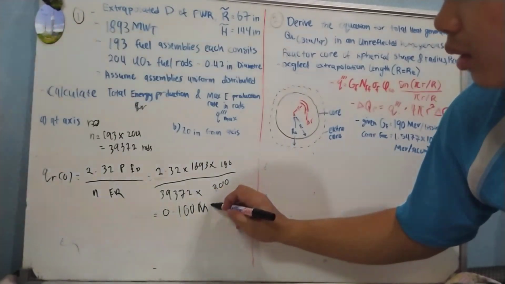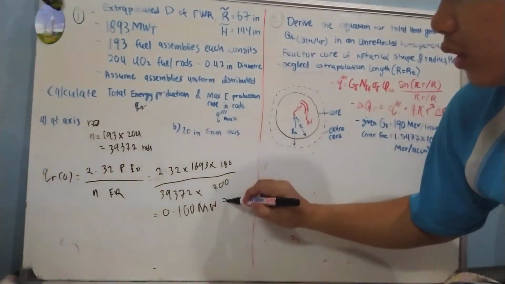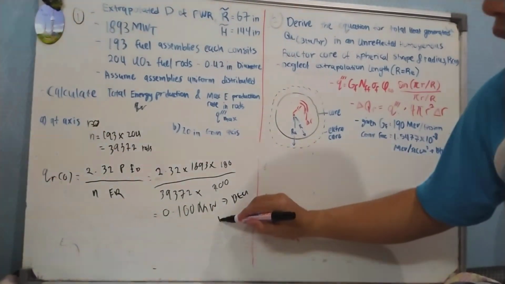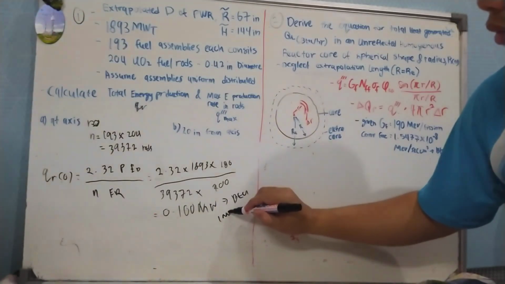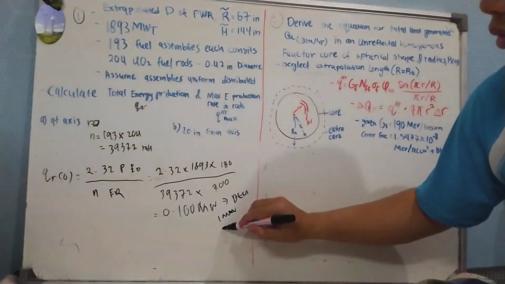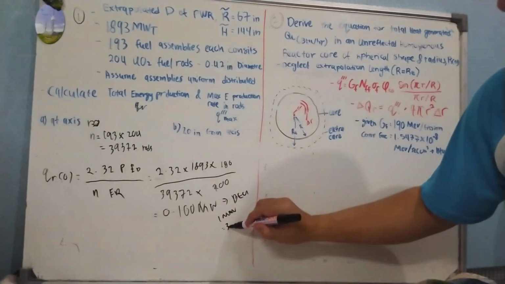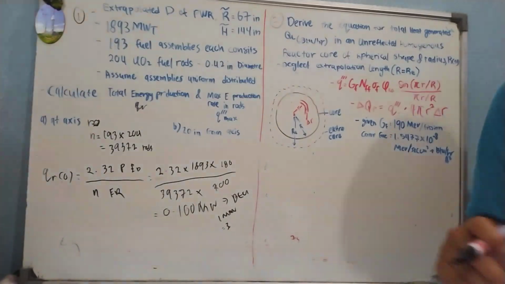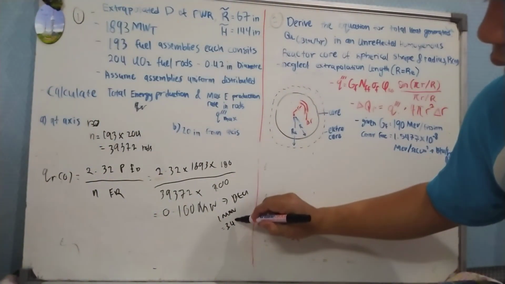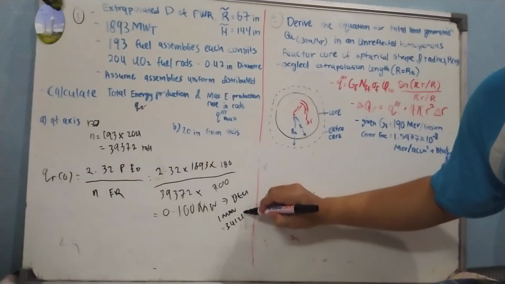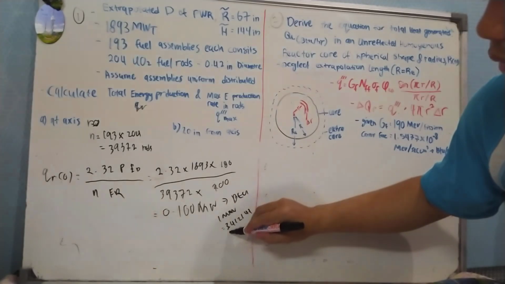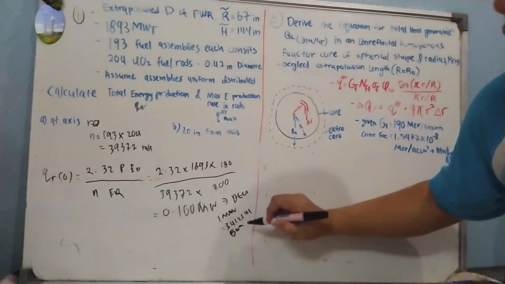0.100 megawatt. To convert into BTU, 1 megawatt equals 3412141 BTU per hour.